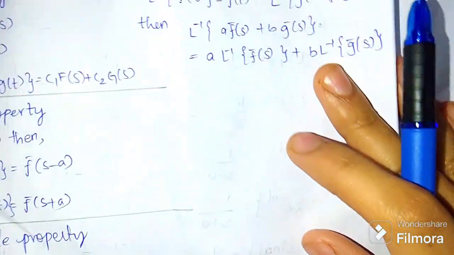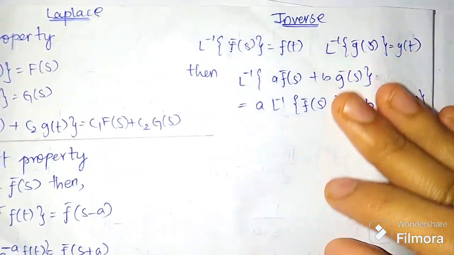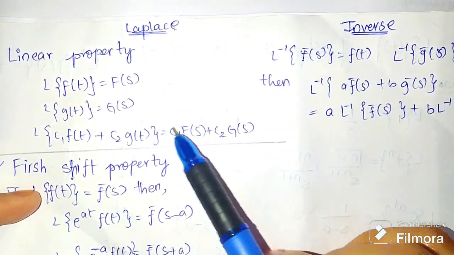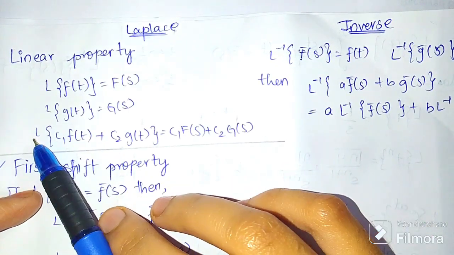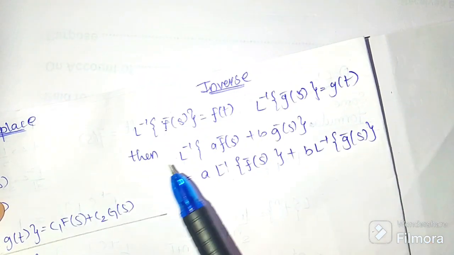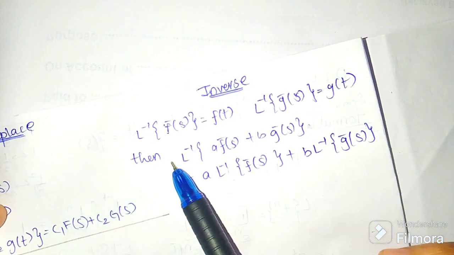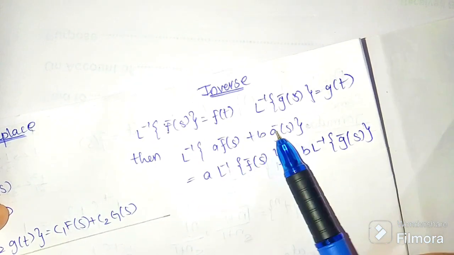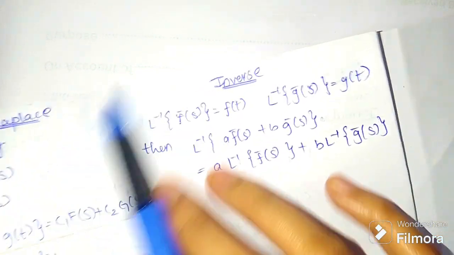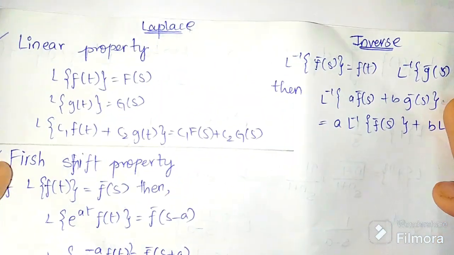The first one is the inverse linear property. So same here also. I told you plus or minus, we can easily divide Laplace of this, Laplace of this, no? Here also same. Laplace inverse of this and Laplace inverse of this. If it is plus or minus, not for multiplication or division, only plus or minus, we can apply the linear property.